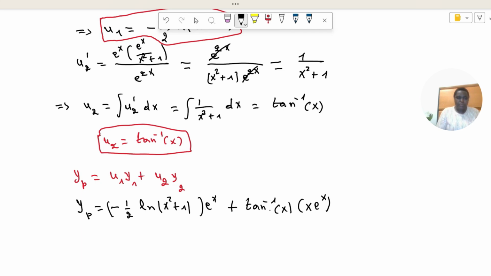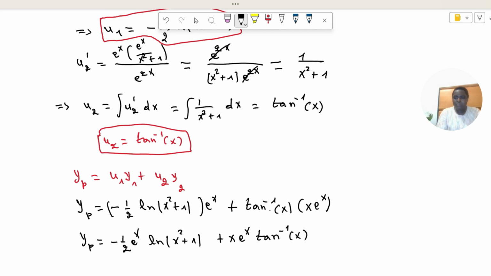Then yp will be equal to minus 1 over 2 e power x ln of the absolute value of x squared plus 1, plus x e power x times tan minus 1 of x.